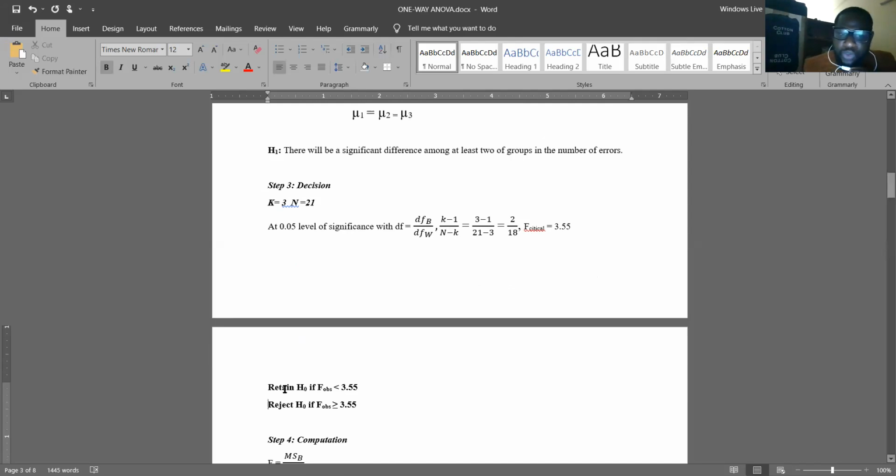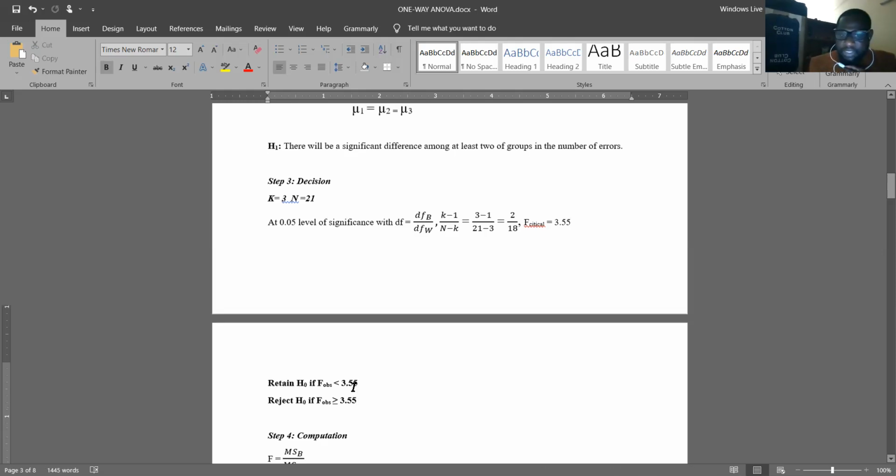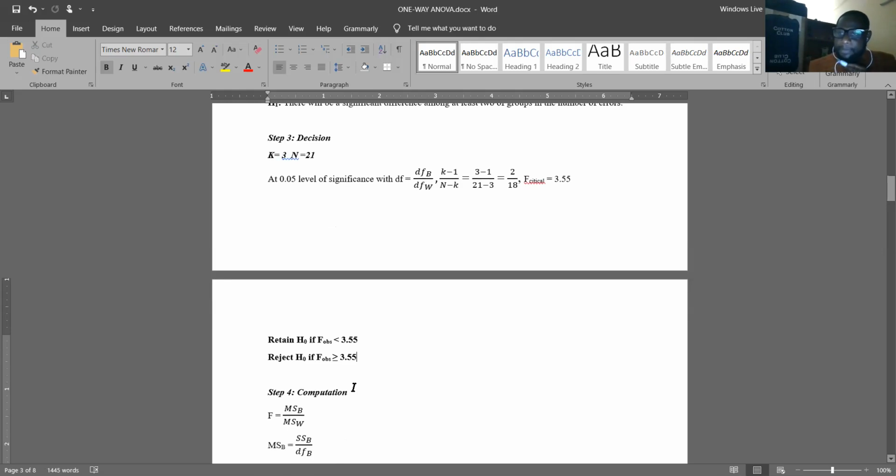We will state only the positive decision rule, where we are comparing our F observed with the critical value. You know how we state the positive decision rule. After you've stated it, then you move on to step 4.